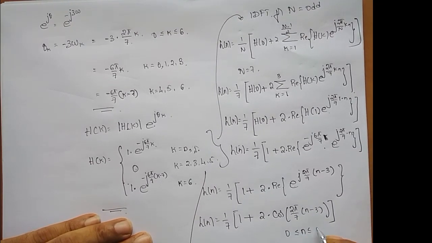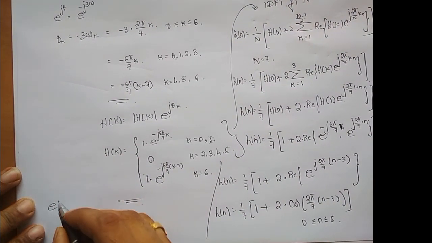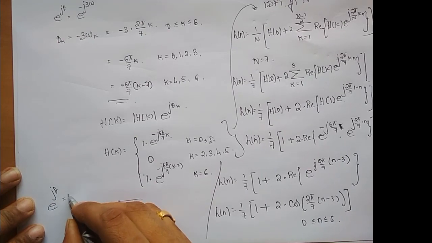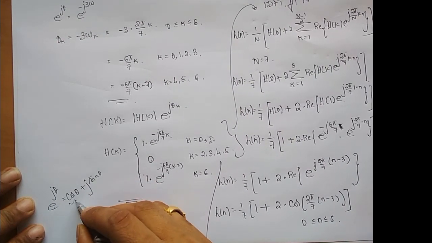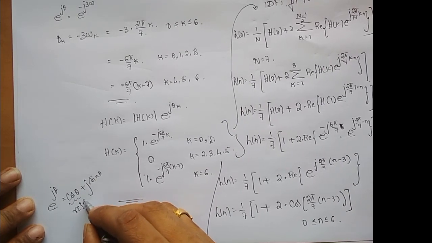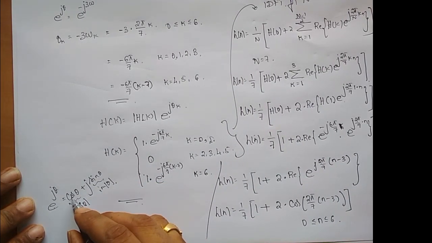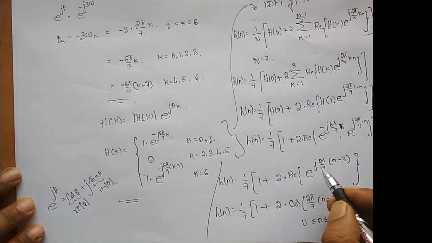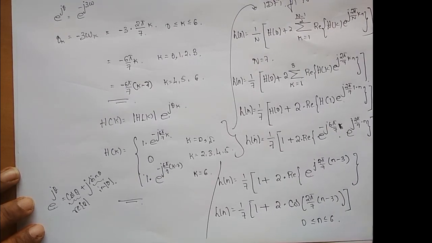N is varying from 0 to 6, right? So e power j theta is cos theta plus j sin theta. This is the real part and this is the imaginary part. Since the real part is cos theta, I have written cos, and theta is 2 pi by 7 into n minus 3.